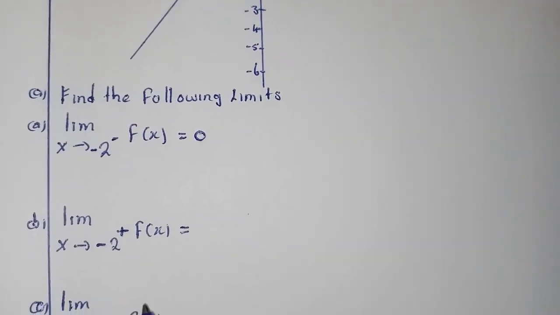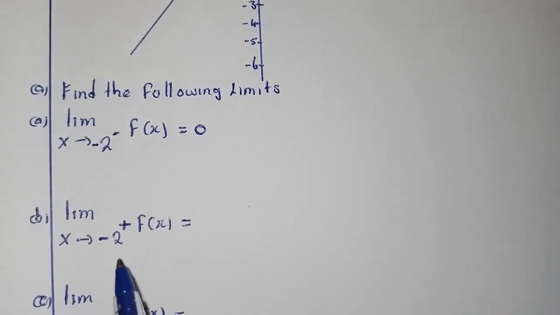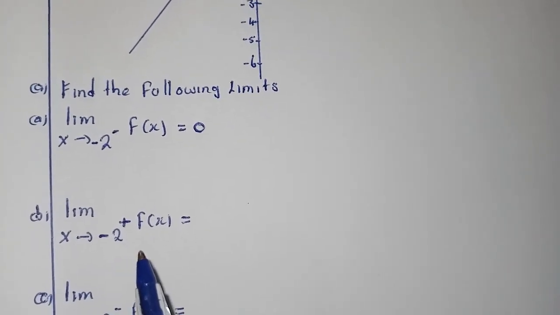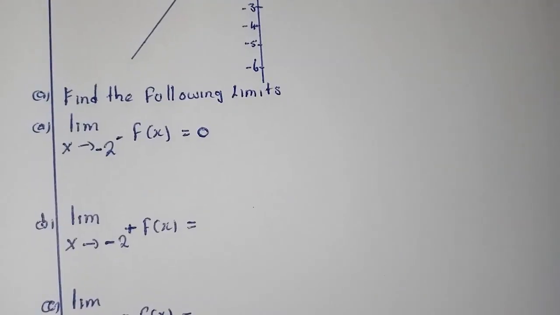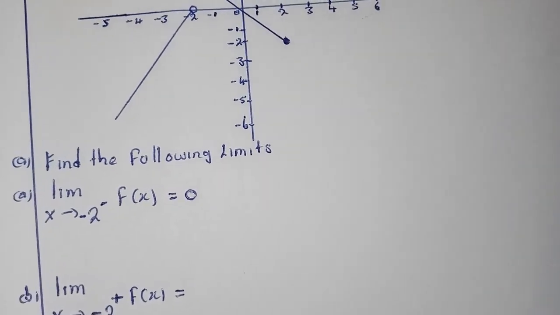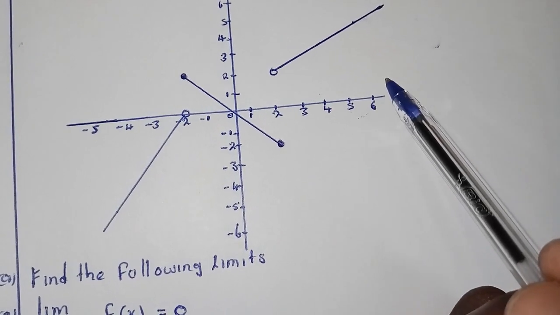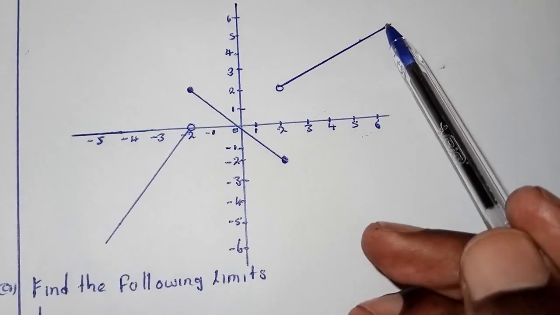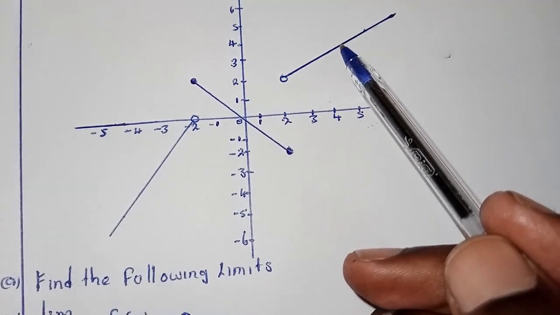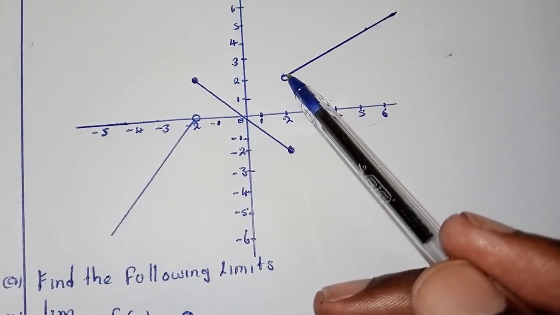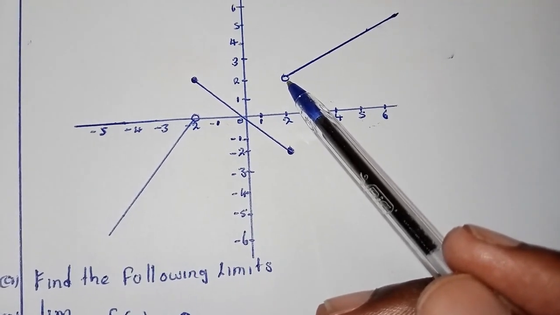Okay, we'll get to the second question. They're saying we calculate the limit as x is approaching -2 now from the right hand side, which is a positive here. So I'm going to climb the rope from the right hand side. The right hand side is this side. So I'm going to jump here. Then I'll begin to move like this until I reach where there is -2 in the x-axis. Now I reach the hole.